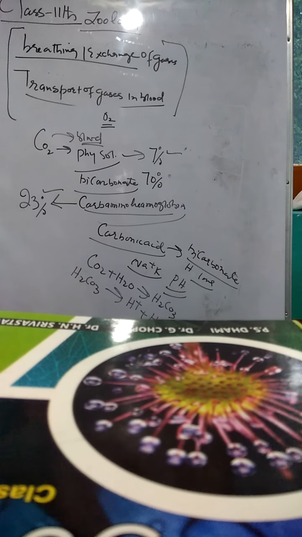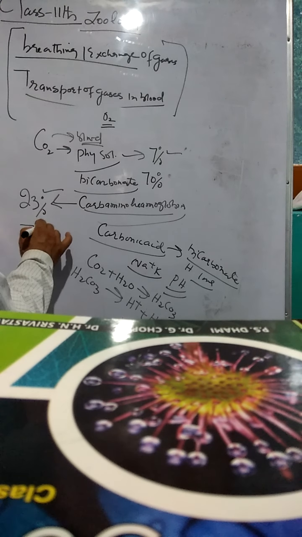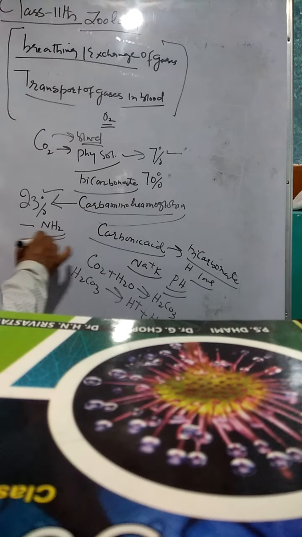About 23% of carbon dioxide enters RBCs and loosely combines with the amino group, that is the NH2 group, of the reduced hemoglobin to form carbaminohemoglobin. The reaction releases oxygen from oxyhemoglobin.